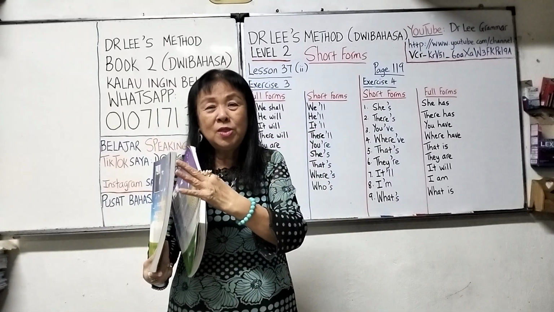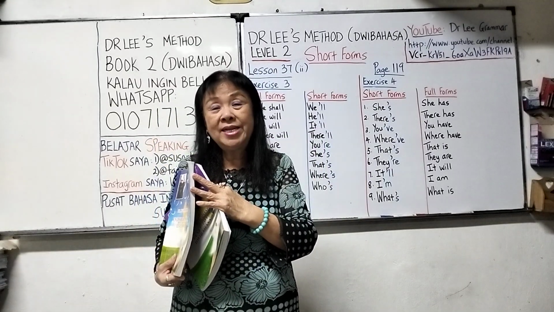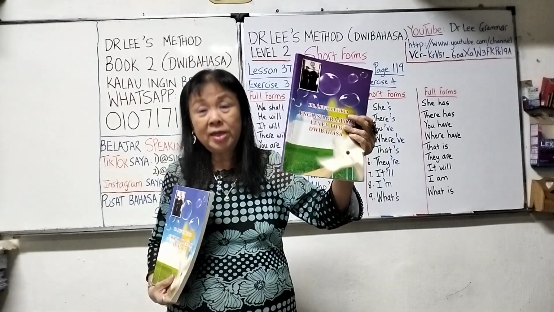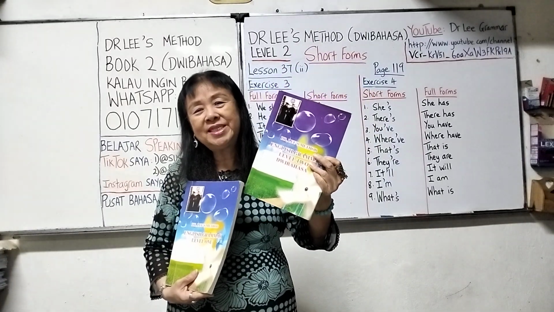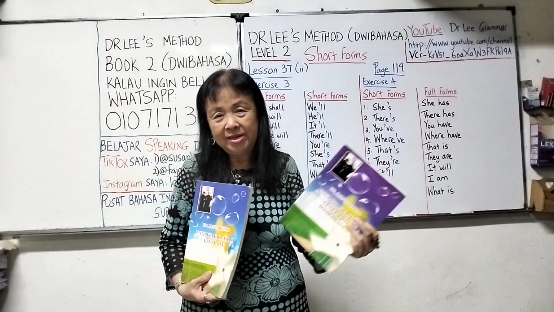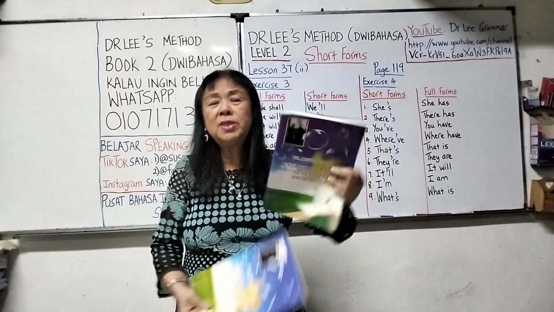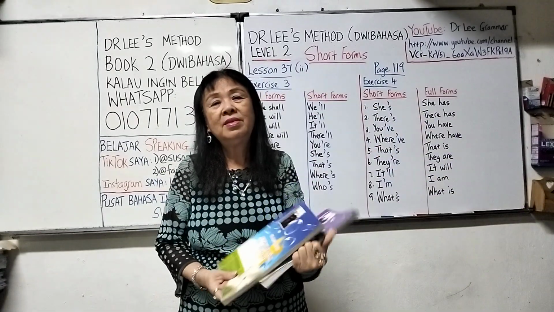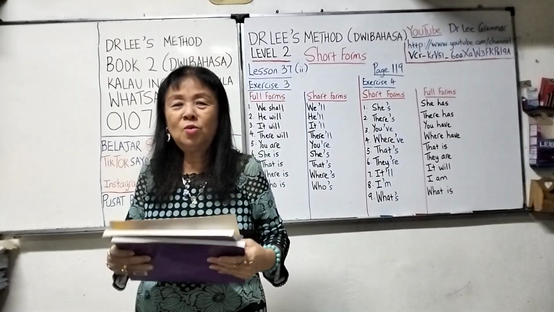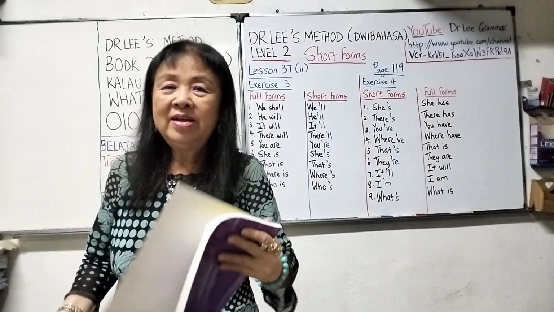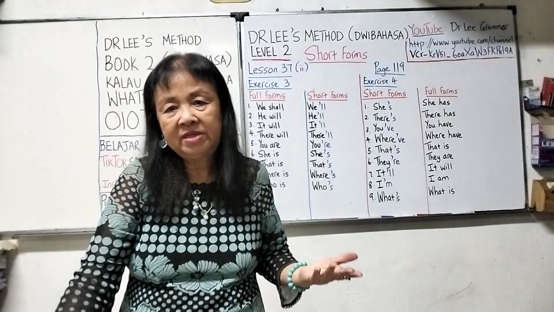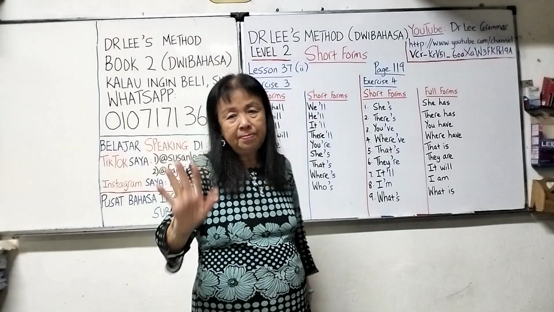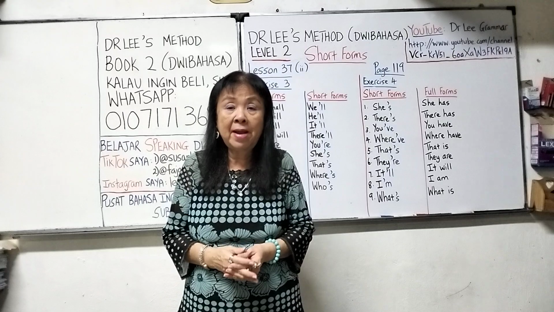That means what you learn in level 1 is in level 2 as well. I only add 2 new topics. My level 3, all these 40 topics will go into level 3, and I add 2 more. So my level 3 would have 42 lessons or 42 chapters if you like. All different topics in grammar.